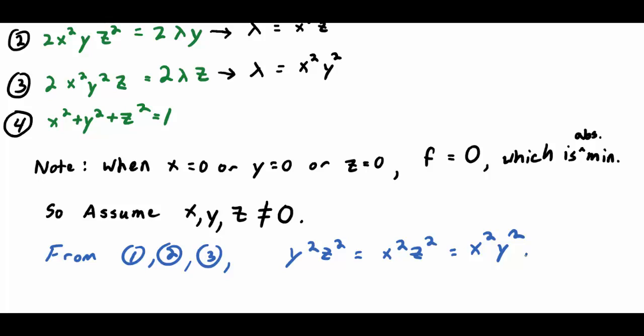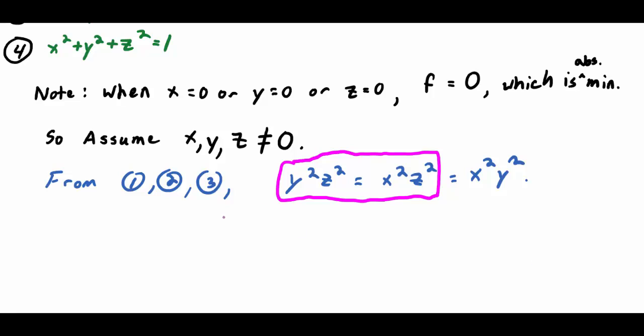Okay. If the first 2 equations are true, and again, we're not allowing the variables to be 0, and that's the only time you're allowed to divide by variables, when you know they're not 0, right? What can you say about y squared and x squared?